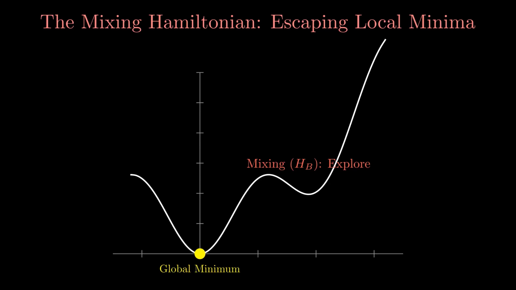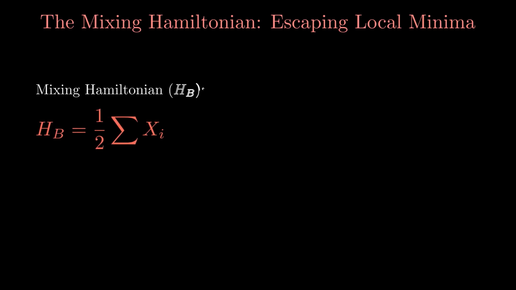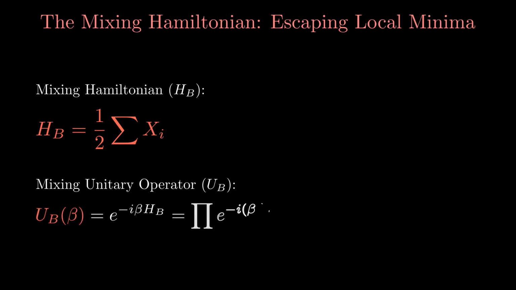A common choice for HB is the sum of X of i, where X of i represents the Pauli-X operator acting on the ith qubit and runs over all the vertices i element of V. The operator UB of beta, when applied to any quantum state, generates a complex superposition of all possible states.